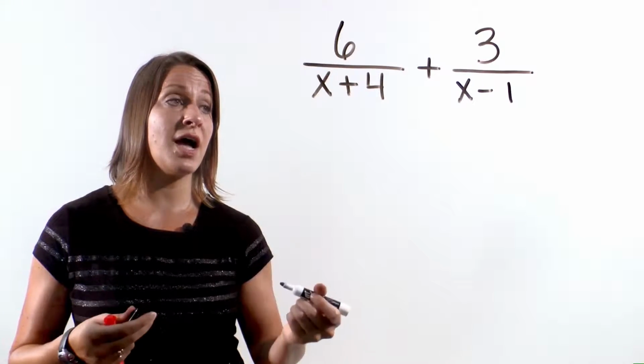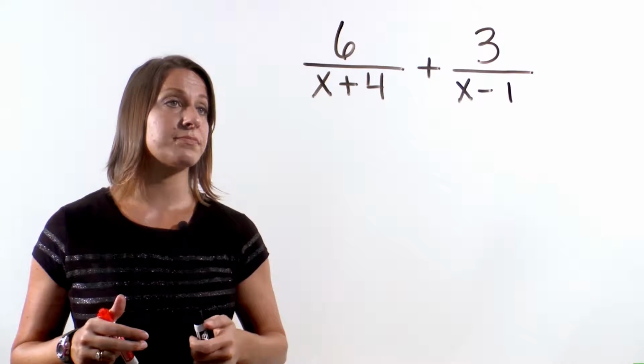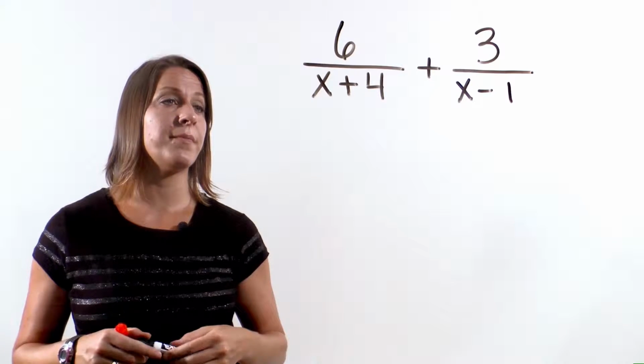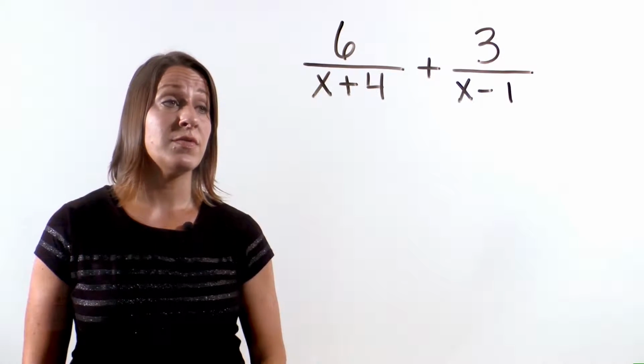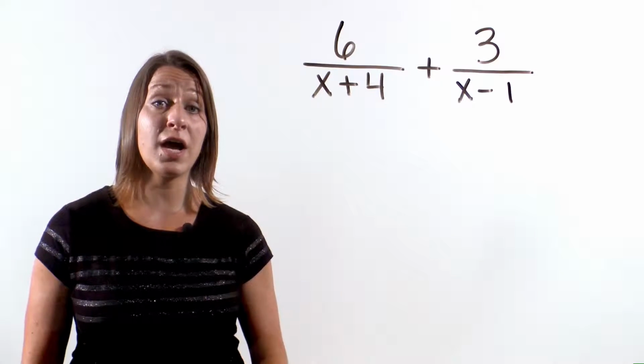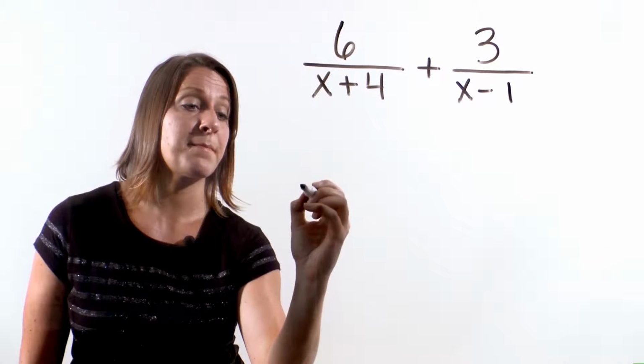Now notice we have binomials as our denominator. So it's going to be a little different to find our common denominator, but pay attention closely and I'll show you how to do it.